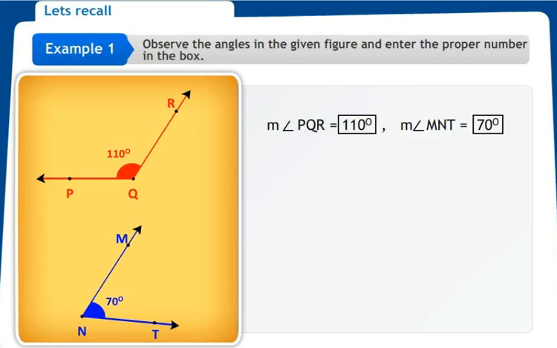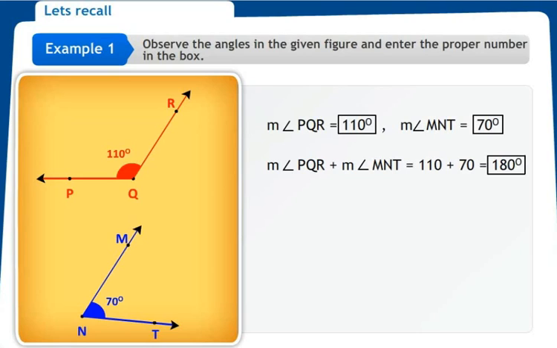Now if we add these two angles, measure of angle PQR plus measure of angle MNT, 110 plus 70 is equal to 180 degrees. This means that the sum of the measures of angle PQR and angle MNT is 180 degrees. That means angle PQR and angle MNT are a pair of supplementary angles.